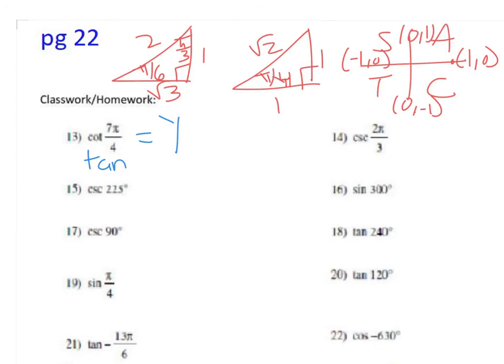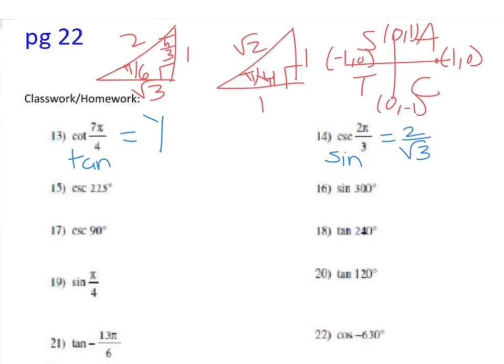Okay, cosecant of 2 pi over 3. Cosecant is the reciprocal of sine. So I'm going to do sine of pi over 3 and find the reciprocal. So sine is opposite over hypotenuse. So that's going to be 2 over root 3. But we need no radical in the denominator.